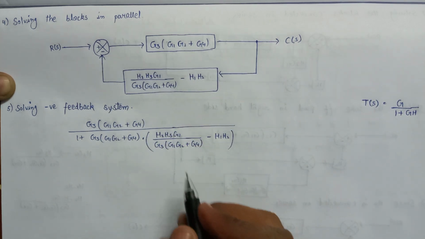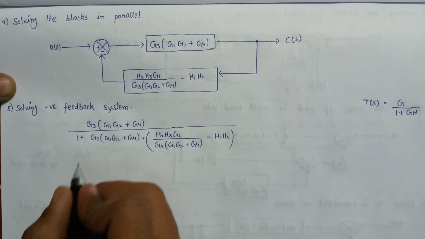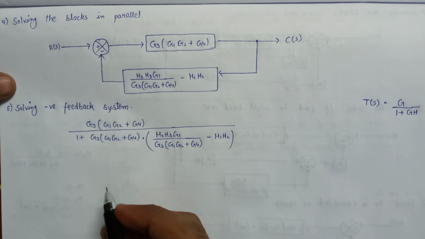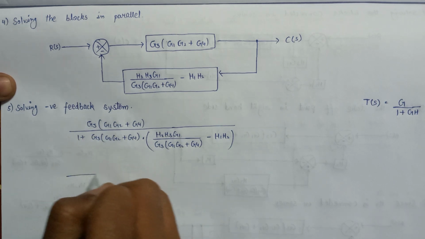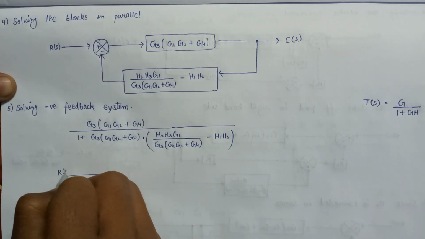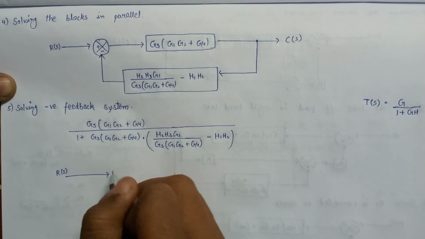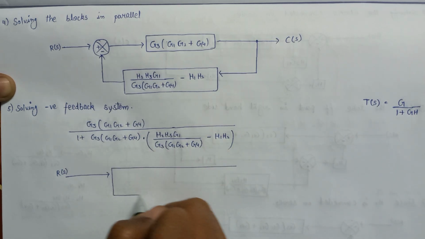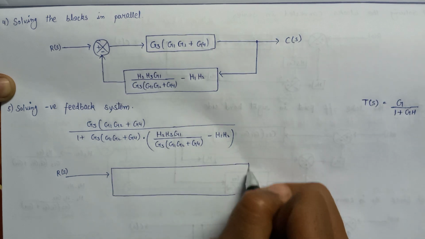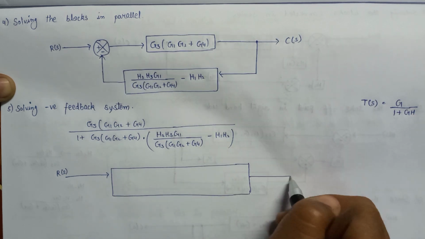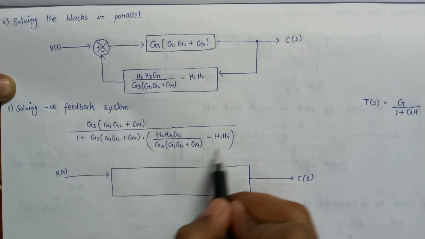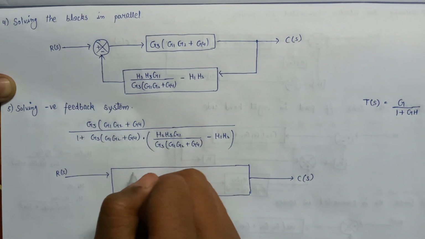So this is the gain. Now let's redraw the simplified control system. So here is the R of S, here is a forward path gain, and here is an output, that is C of S. We have to copy this whole term here.